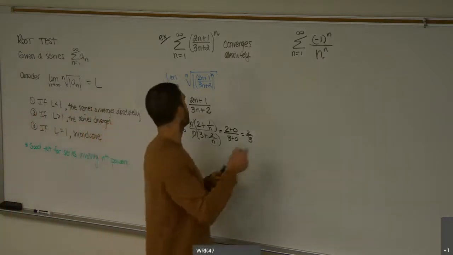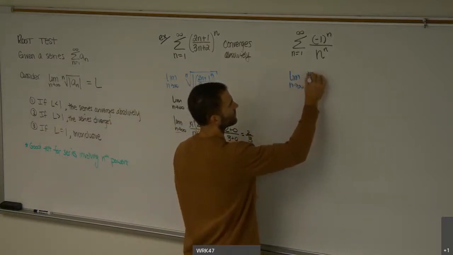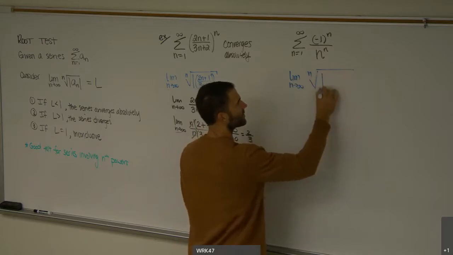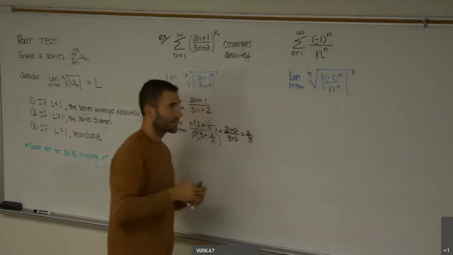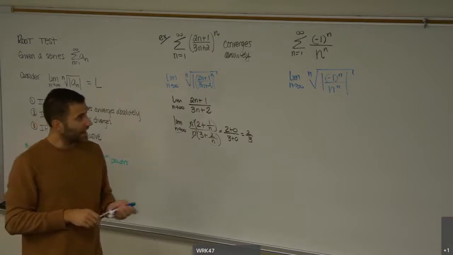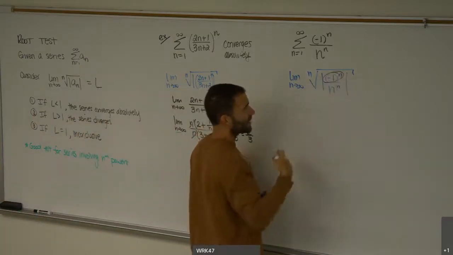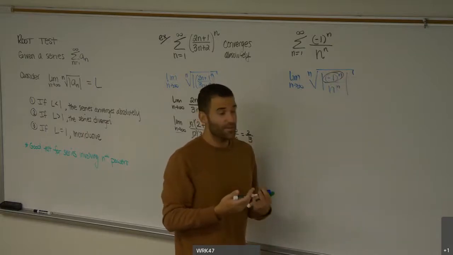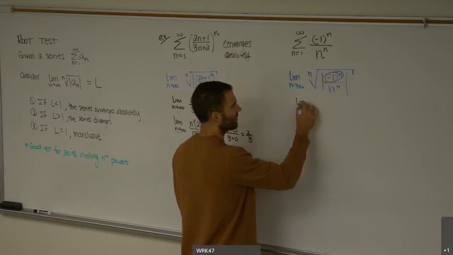So let's try this one. Nth root of the absolute value. Now the absolute value becomes important because of that -1 to the n. And we take this limit. Now when I take the absolute value, that -1 to the n becomes 1, right? Everything becomes positive, so actually this just goes away with the absolute value.